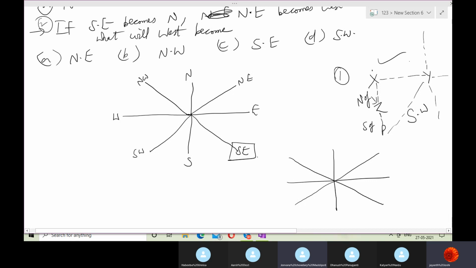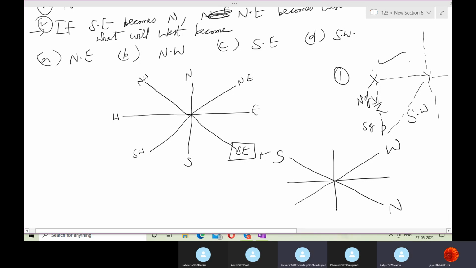They are saying southeast becomes north, so I am writing north here, and northeast becomes west, so northeast is west now, correct? If these two are changing, we need to see the others also. If this is north, please tell me, this would be what?